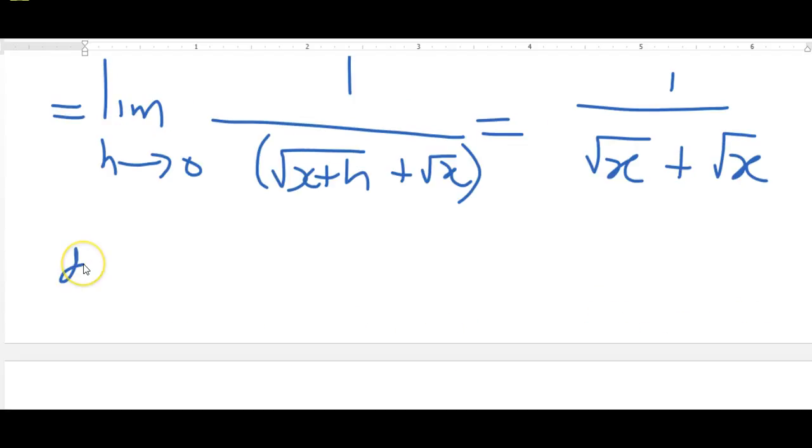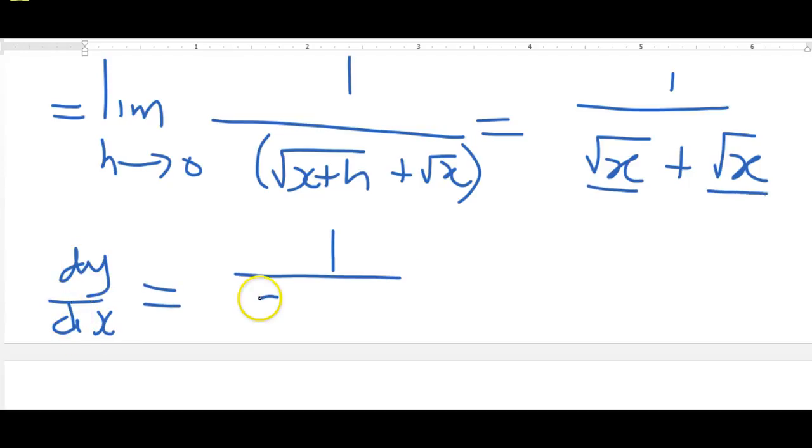So finally, our dy/dx will be equal to 1 on, now root x plus root x will be 2 root x.